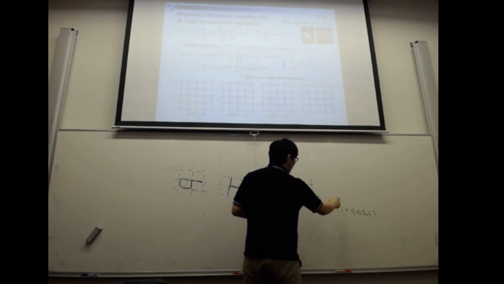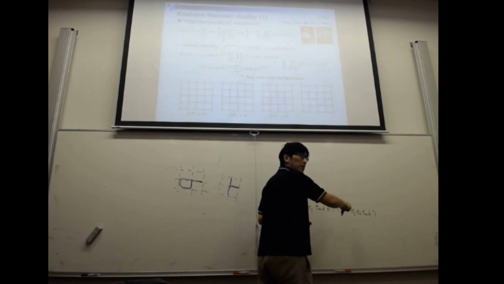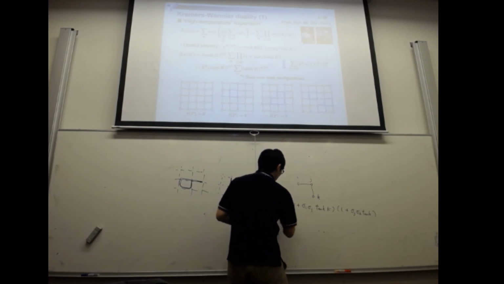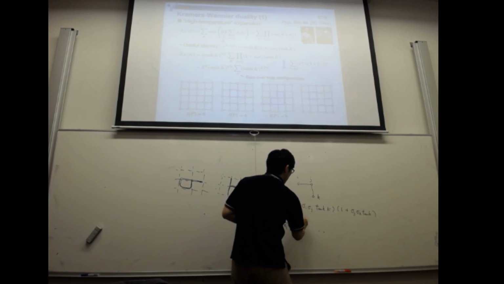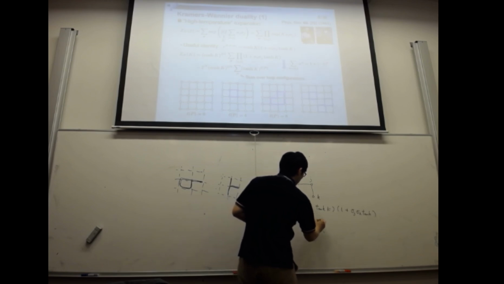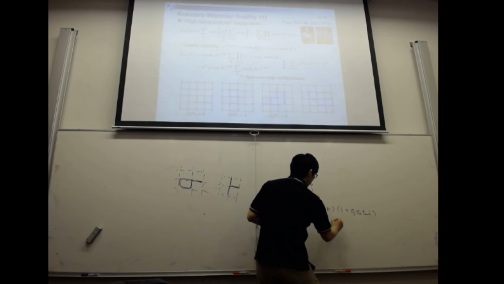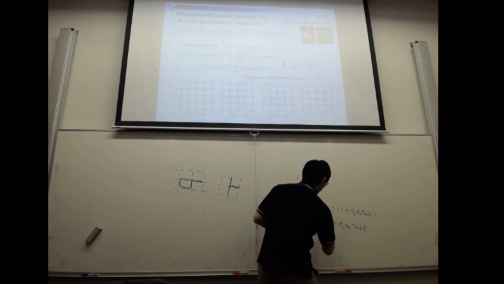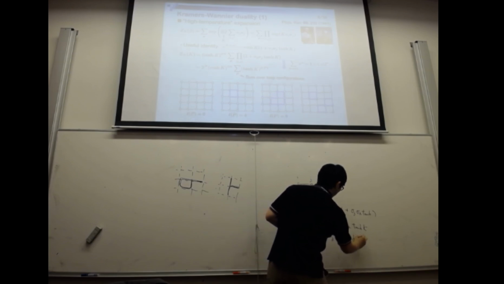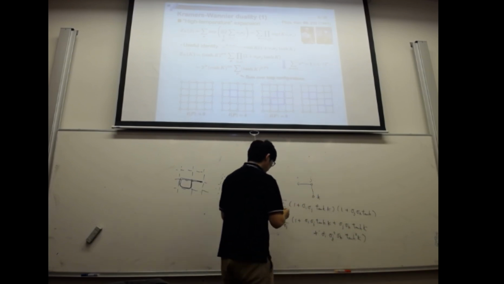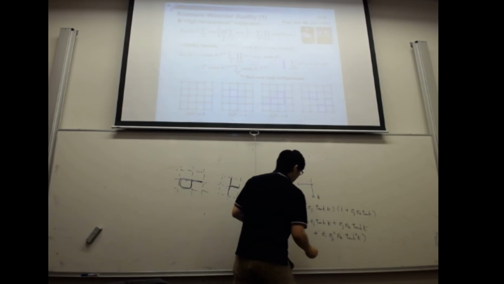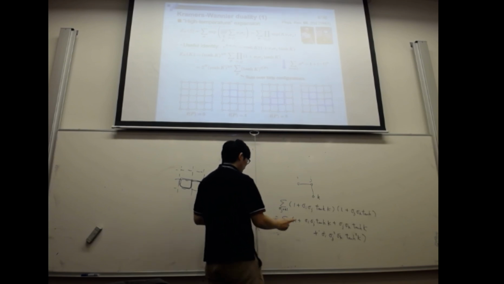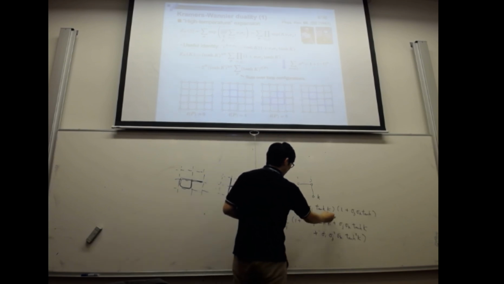Then you have 4 terms if you expand this product. Maybe I can write it this way: 1 plus this term. But if you take the sum over sigma_j here, this will vanish, right?